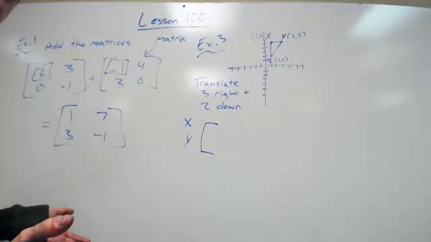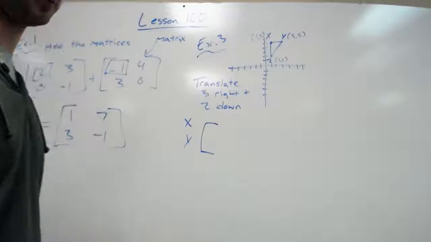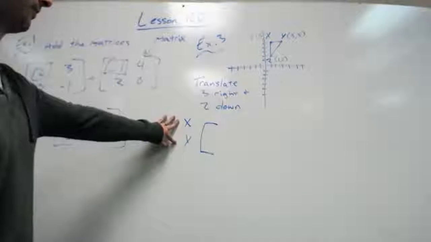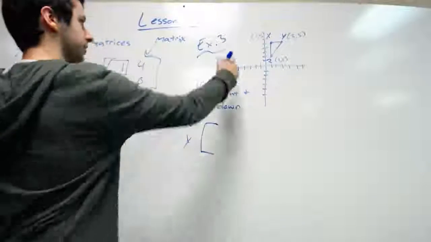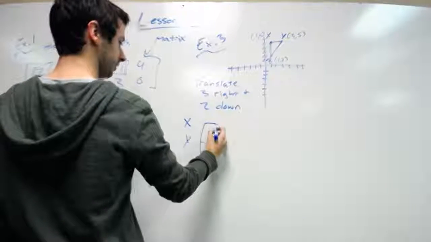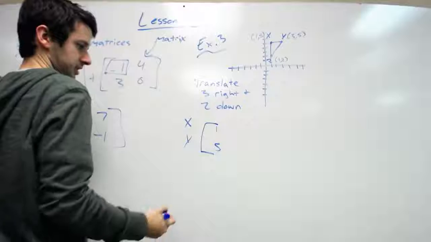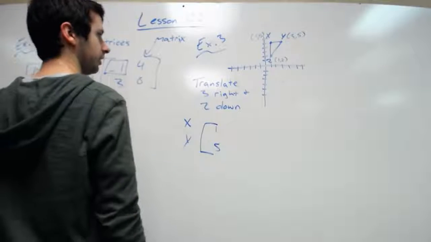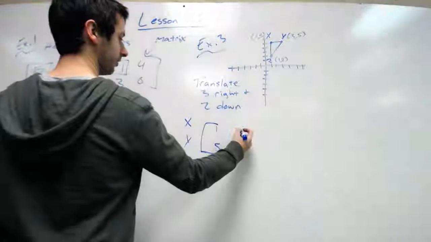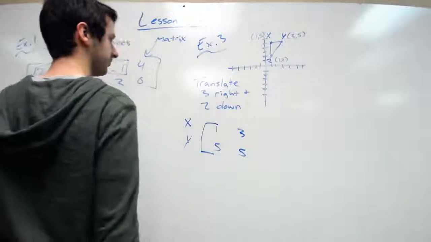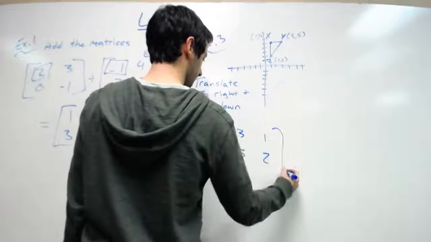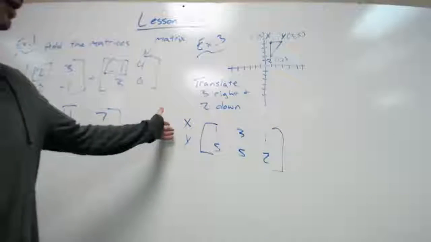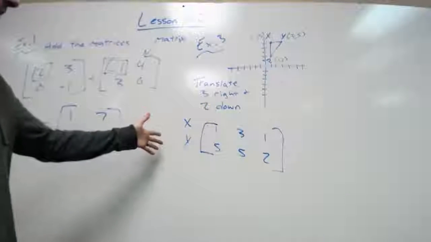To be honest, you can do it as columns if you would like, but right now I'm going to show it as X and Y. So now I'm going to label all 3 of my X and Y coordinates. My first one for X is 1, 5. For Y, I have 3 for X, 5 for Y, and then for Z I have 1, 2. So that is how I write these coordinates in matrix form.